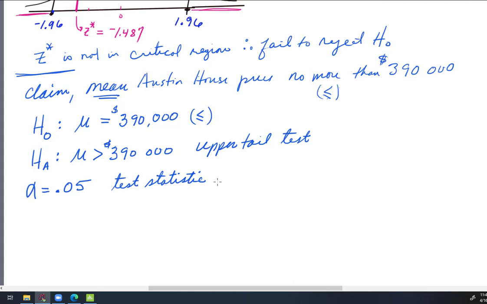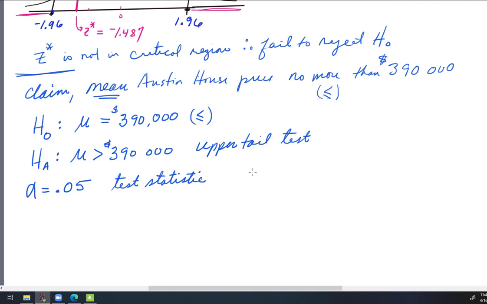Remember, the test statistic has got to help me decide between the null and the alternate hypothesis. That's the first requirement. The second requirement is I have to know the distribution of the test statistic because I'm going to compute some probabilities. And if I know the test statistic distribution, I can compute any needed probability. If I don't know the distribution, I can't do that.